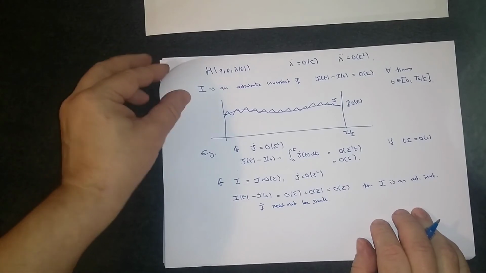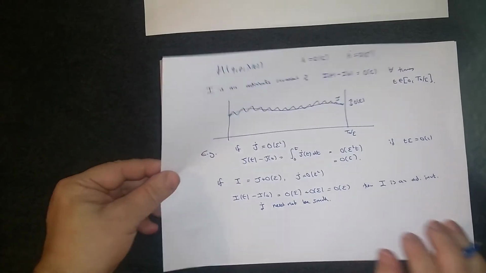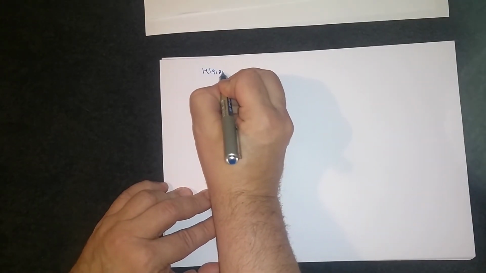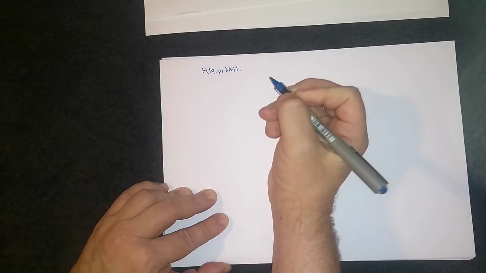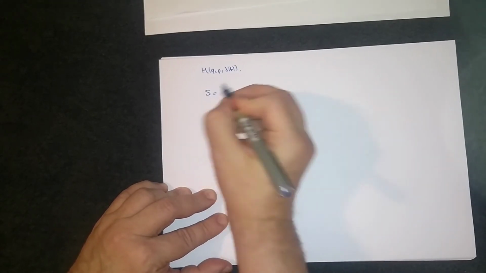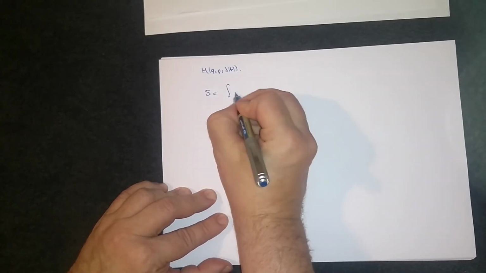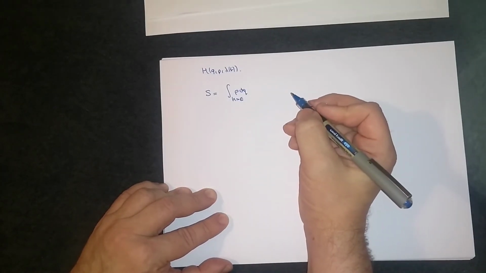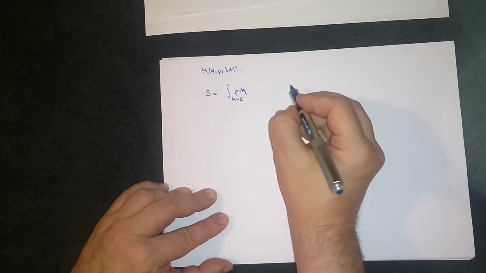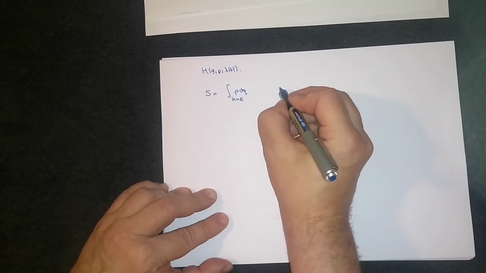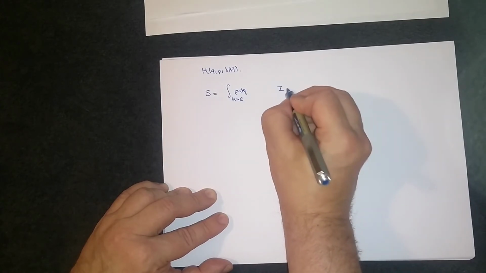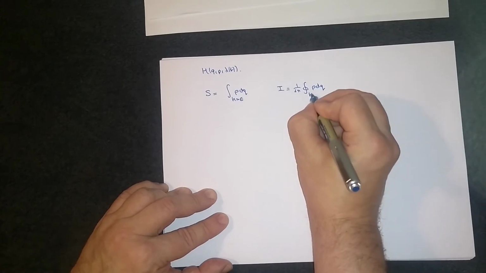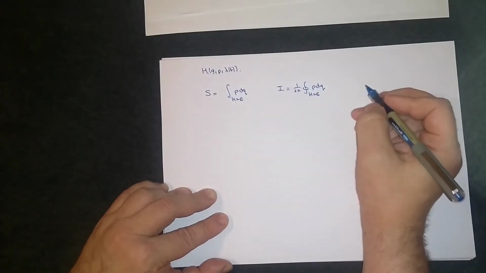Let's see how we can use this to prove the adiabatic invariance. So we start off with h of q, p, and lambda of t as before. We write s to be the integral of p dq over h equals e. We're just constructing the action angle variables in this case, we'll write I as 1 over 2 pi integral of p dq over h equals e.